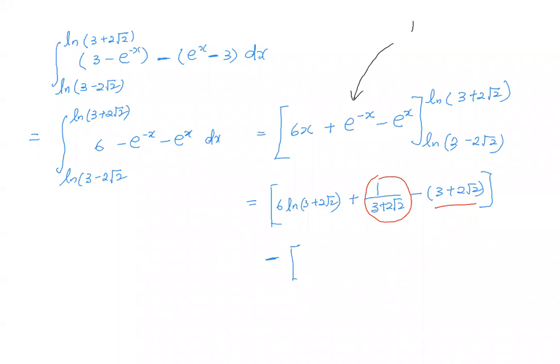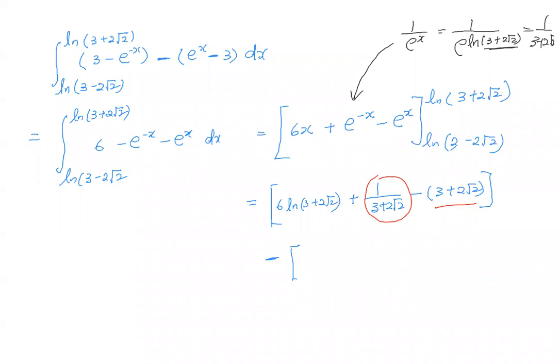This is 1 over e to the power x, so this is 1 over e to the power ln something. We know that e to the power ln something is this thing. So you see how much step you can save.